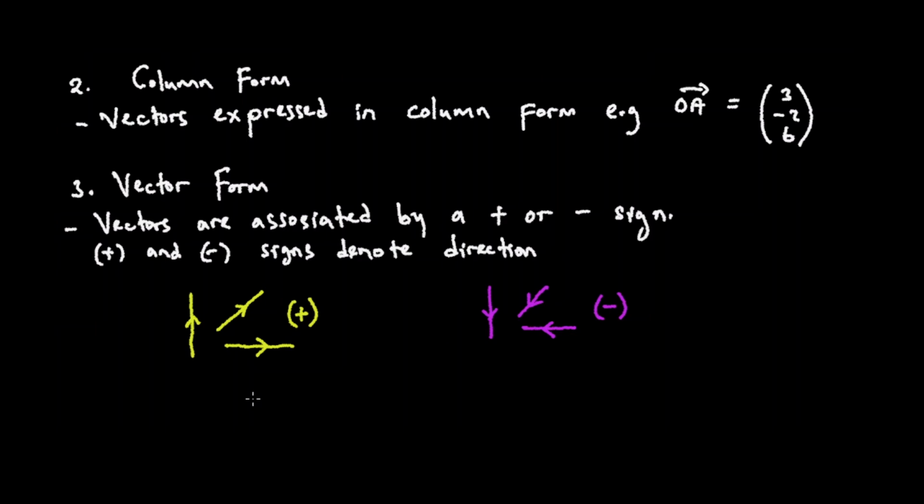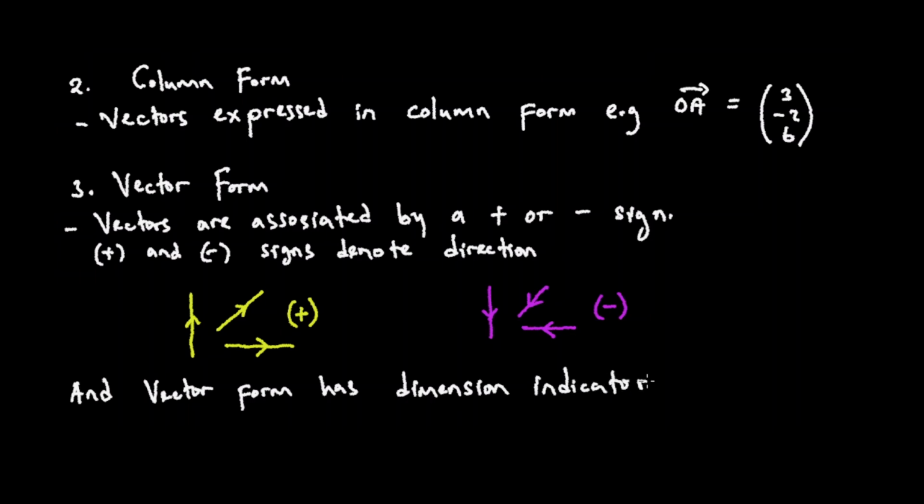To us, we just have to know that the vector form has plus and minus operators, and vector form is what I'm going to refer to as dimension indicators. And what are these dimension indicators? X, Y, Z, or I, J, K, dimension indicators.